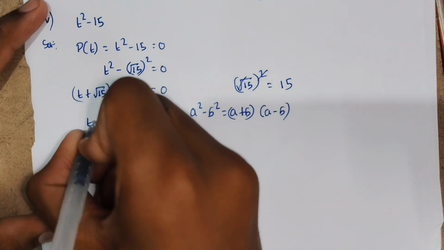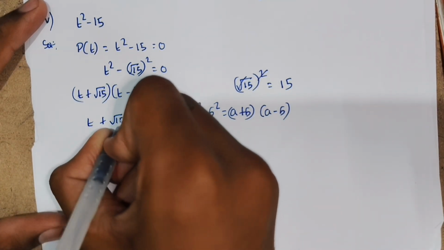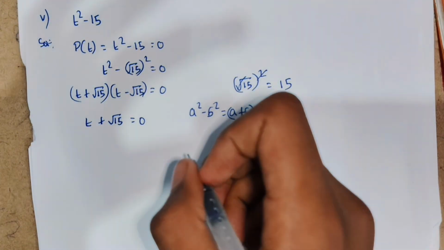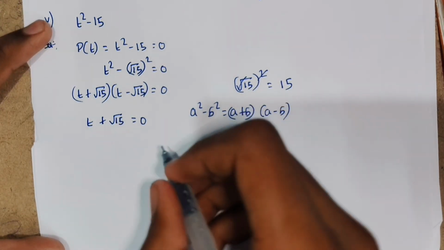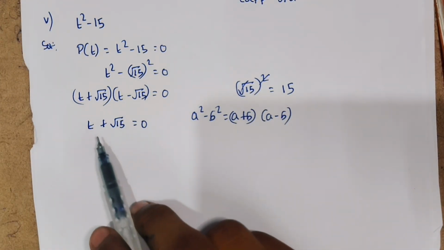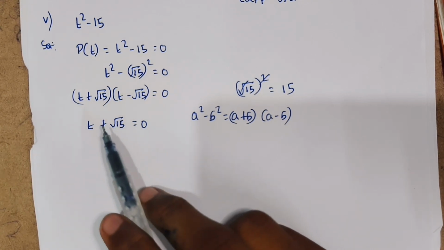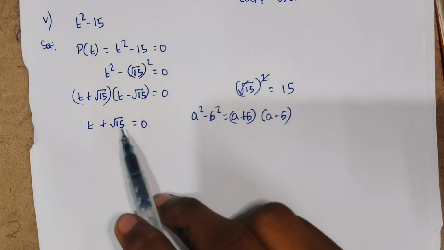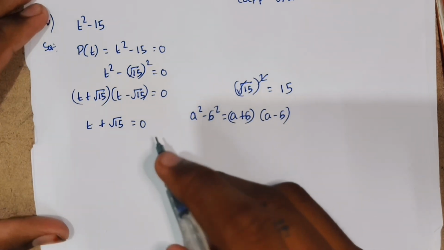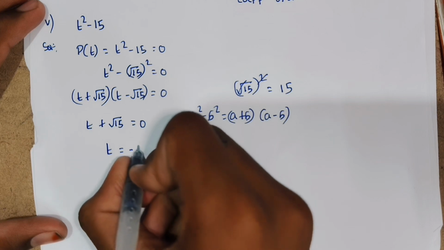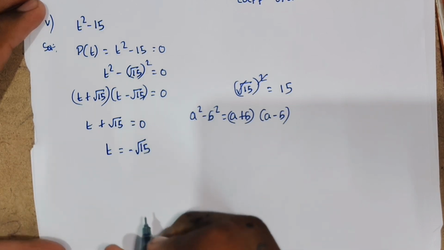First I am taking t plus root 15 equals 0. When t plus square root of 15 is equal to 0, if we transfer square root of 15 to the right side, we get t is equal to minus square root of 15.